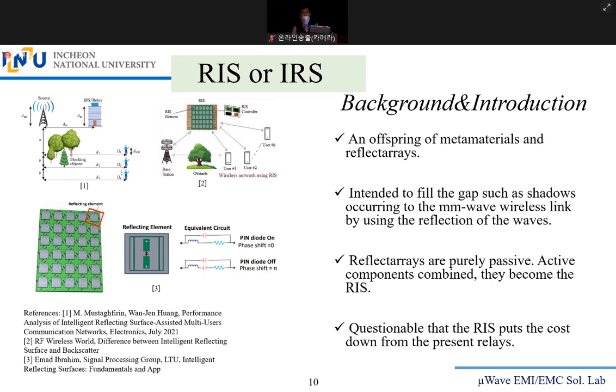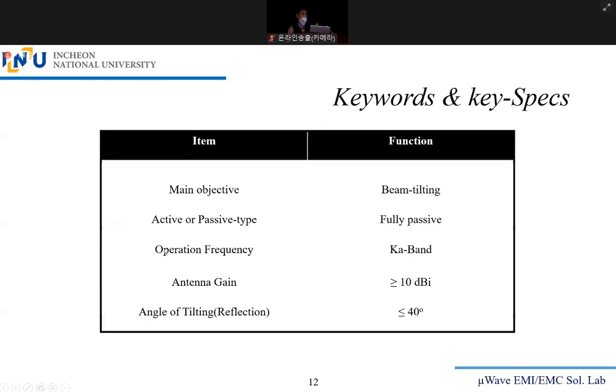My filters and antennas, without the feeds, are passive; they cannot generate another frequency like a mixer in a transceiver, or increase the power like an amp. A switch is a nonlinear device driven by a battery, so it is an active component. So I want to emphasize RIS is not passive.